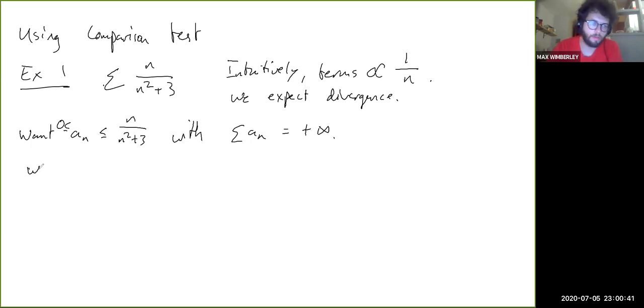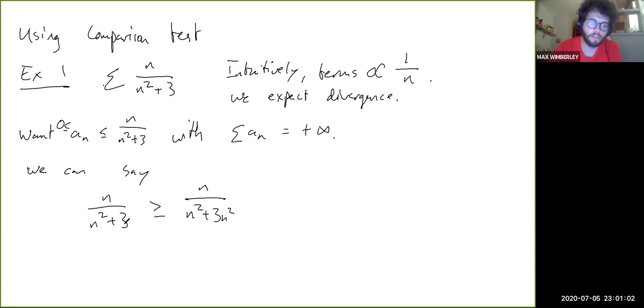So we can say that n over n squared plus 3 is greater than or equal to, remember, we're trying to reduce the value. We're trying to make an expression that's smaller, but still diverges when you take the series. So this is greater than or equal to n over n squared plus 3n squared, right?